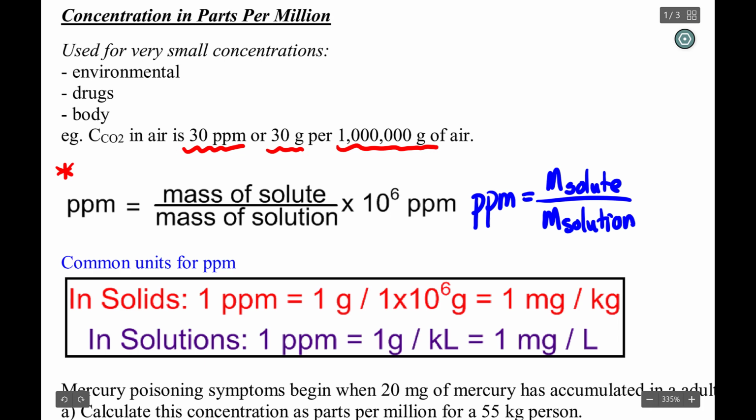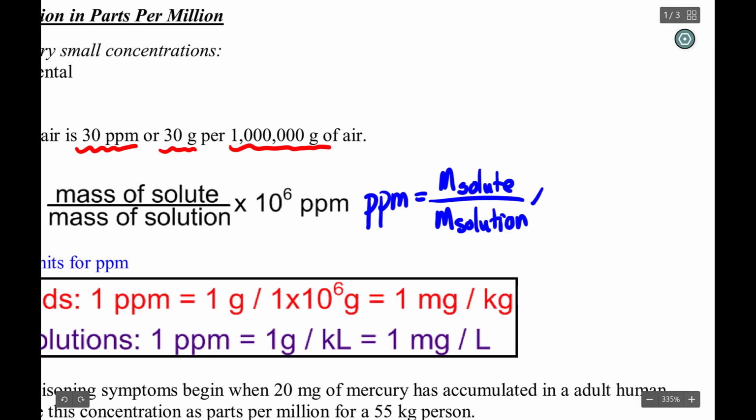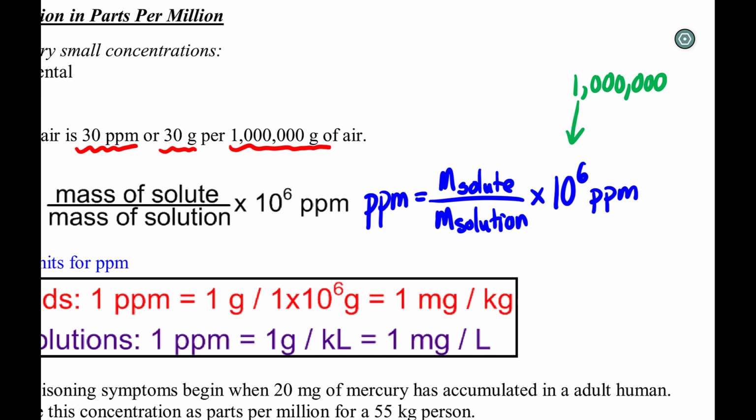Remember, the solution is both the solute and the solvent. And then we're multiplying that by 10 to the power of 6, and the unit is parts per million. Again, this 10 to the power of 6 is 1 million. The difference between mass percent and this, again, is in this one I'm multiplying by 1 million, and in a mass percent I'm multiplying by 100.